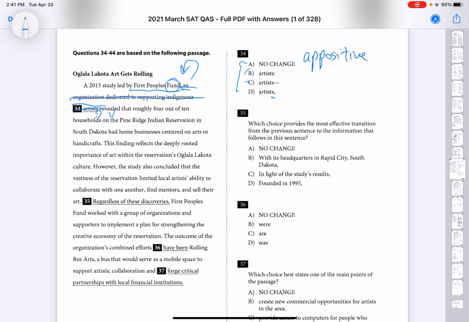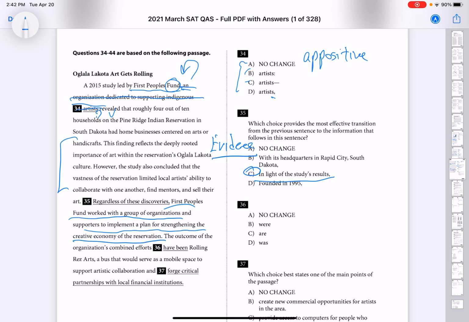I think it should be "in light of these results." They're basically trying to say that we had all of this information, so this is evidence, right? And then because of all this evidence, they took action. So it says, in light of these results, the First People's Fund worked with a group of organizations and supporters to implement a plan for strengthening the creative economy of the reservation.